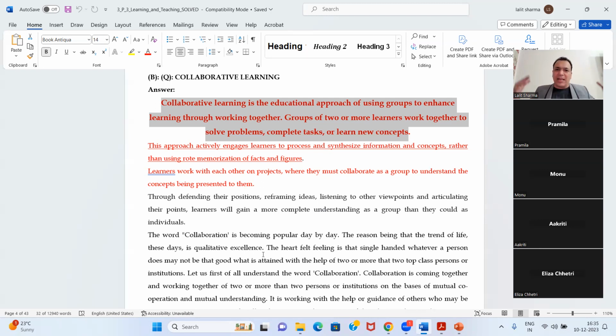Teaching does not mean coming to the class, looking at the book, putting it into the mind of the student and finishing the syllabus. Right? So there are a lot of activities. Now you have come to know that there is a type of learning which is known as collaborative learning. There should be variety in the teaching.